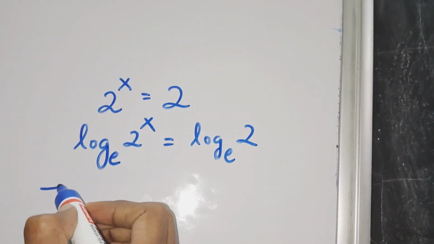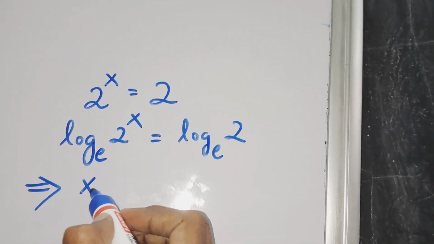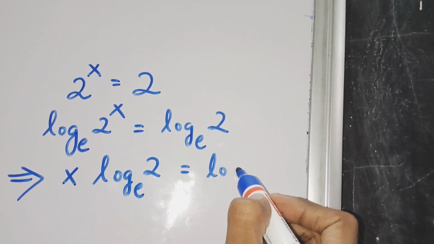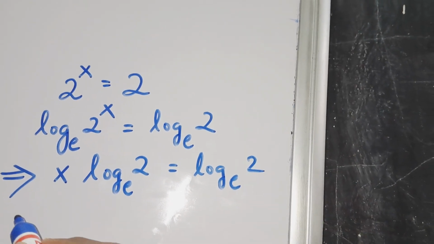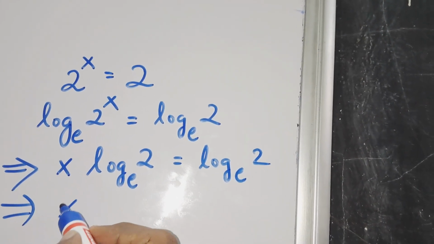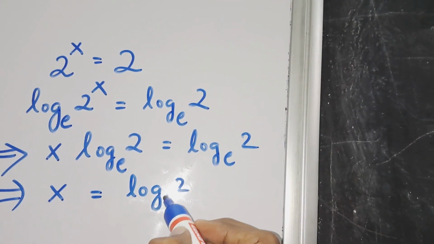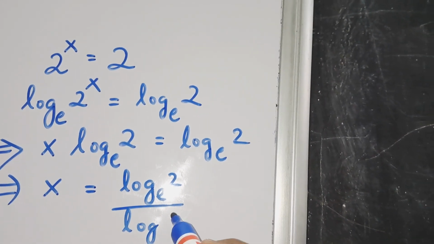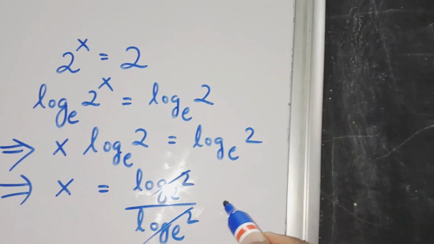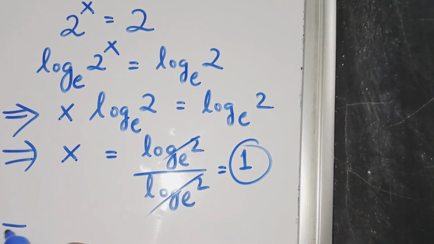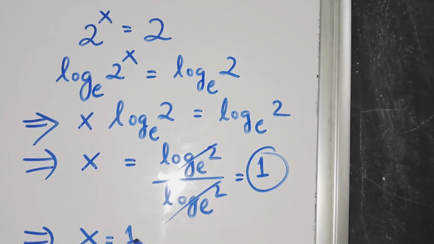We will get x log 2 base e equals to log 2 base e, from which we get x equals to log 2 base e by log 2 base e, which will get cancelled, and we will get 1. So our answer is x equals to 1.